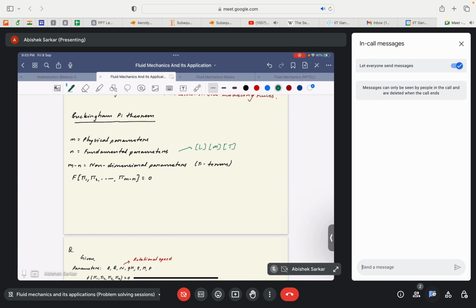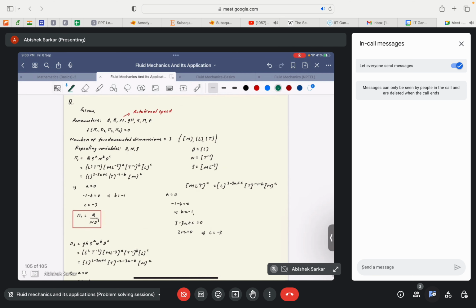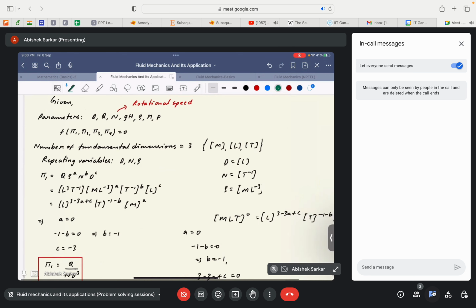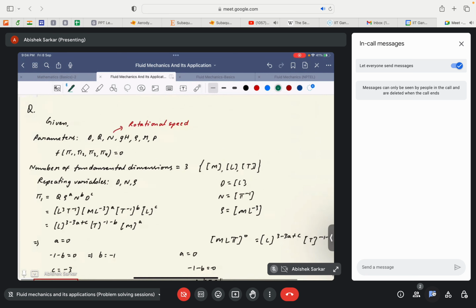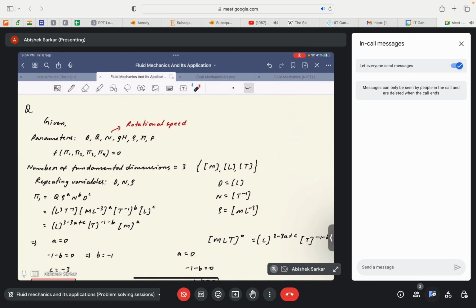Okay, so we will take a small problem so that you can get an idea of the implementation of the Buckingham pi theorem. In the question it is told that the particular fluid flow problem depends on the diameter of the system, the volume flow rate, the rotational speed.